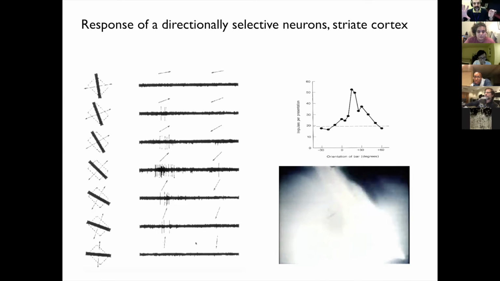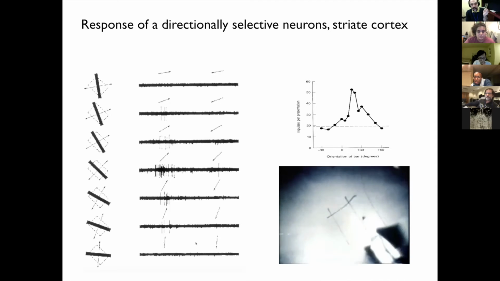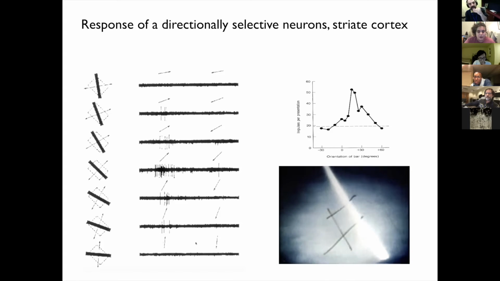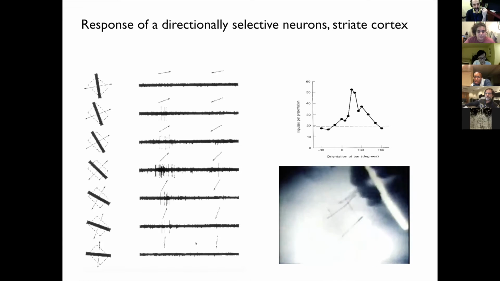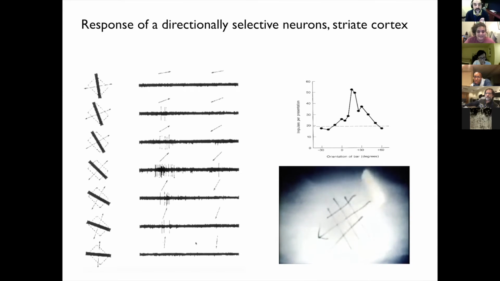Then he shows that within that receptive field, when he moves the bar in only one direction and not in the other, the cells fire. The cells very specifically fire, and the direction that they like is the direction that he just drew. So this is different from orientation selectivity.